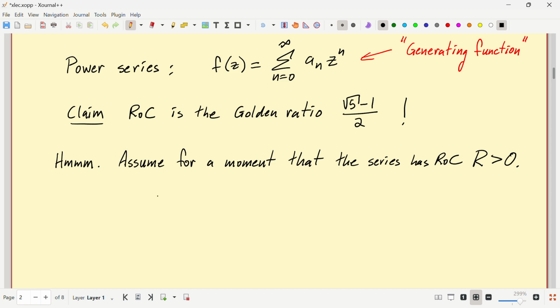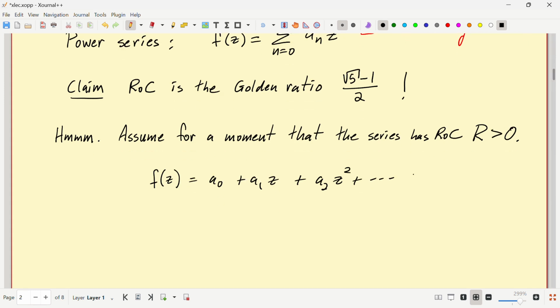Okay, so we've got this f of z equals a naught plus a1 z plus a2 z squared plus blah, blah, blah, plus a sub n z to the n.